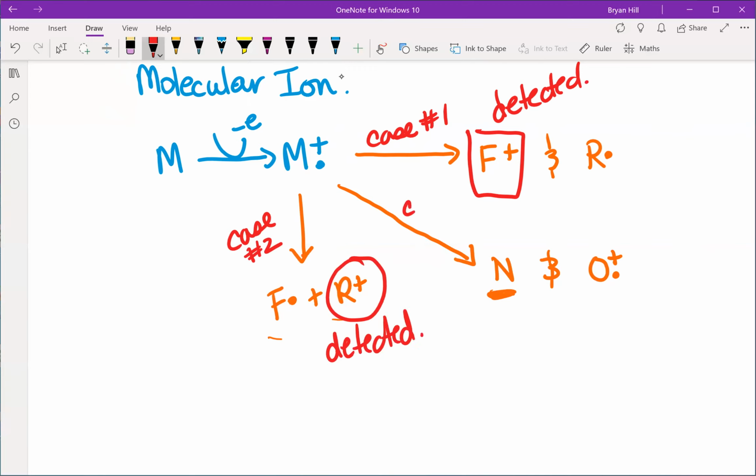And in case 3, the O with the positive charge would be detected. The neutral molecule wouldn't be detected. The radicals themselves wouldn't be detected because they don't have a charge associated with them.